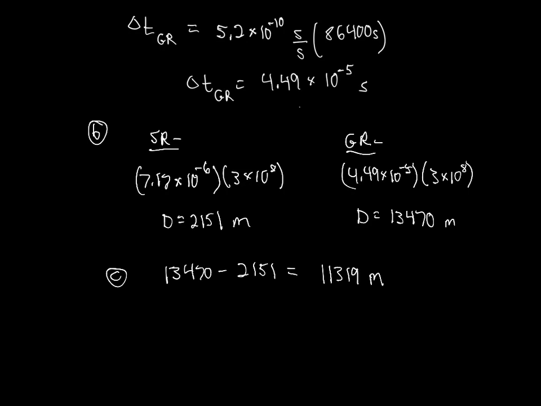You can just type it into Google, that's fine. 11,319 meters. How many? 7 miles. Without relativity, your GPS would be off by 7 miles in the span of a day. That's pretty bad, isn't it? Yeah. So it's good that we have these corrections.